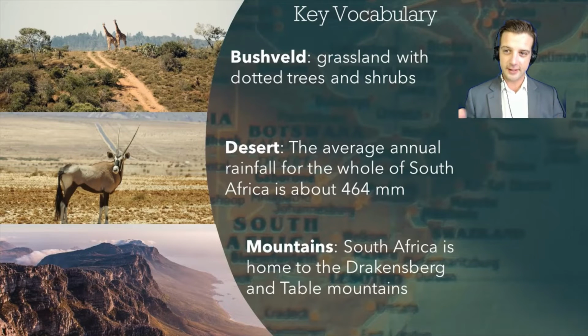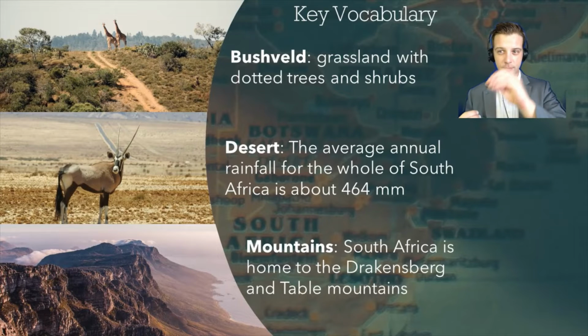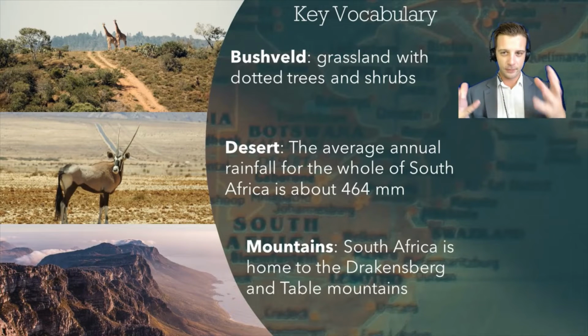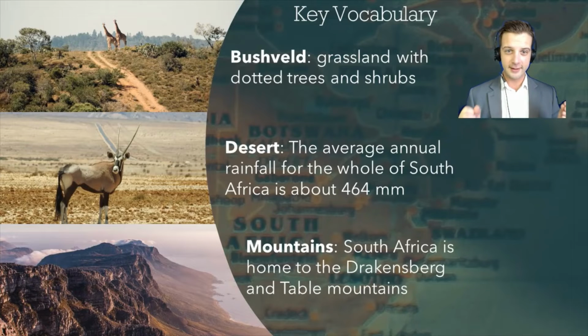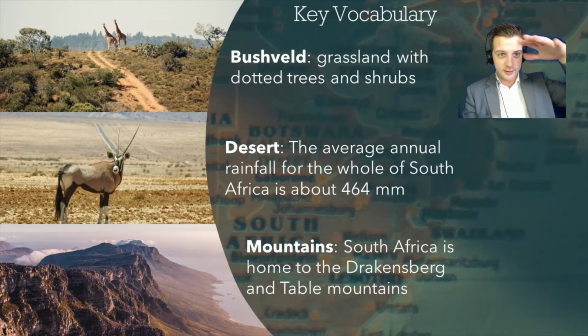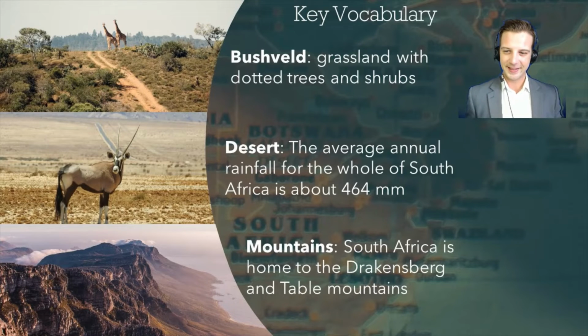Now, I've given this lesson a few times to my students, and every time the word dotted comes up. So dotted simply means spread out. Bushveld is grassland with spread out trees and shrubs. Shrubs are small bushes.